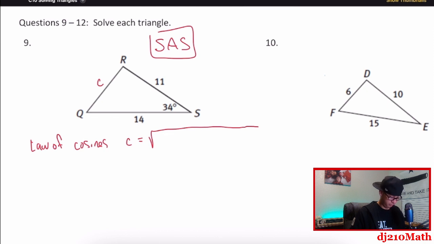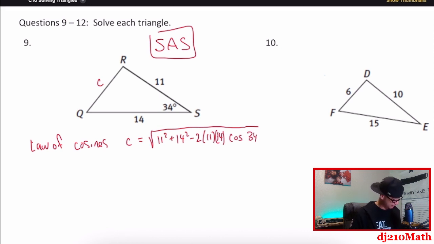It doesn't matter which side is A, which side is B, truly doesn't matter. 11 squared plus 14 squared minus 2 times 11 times 14, put in parentheses, cosine 34, the angle between.